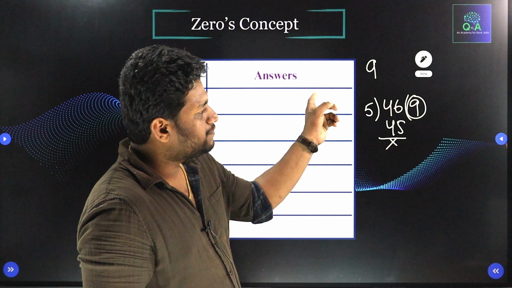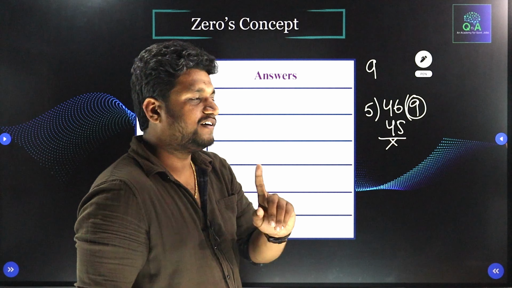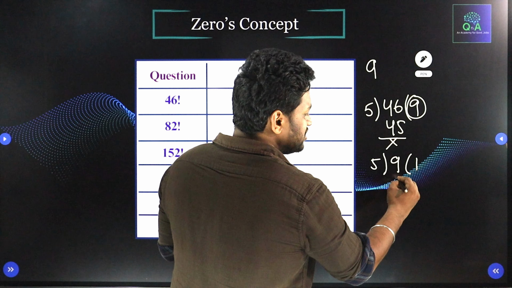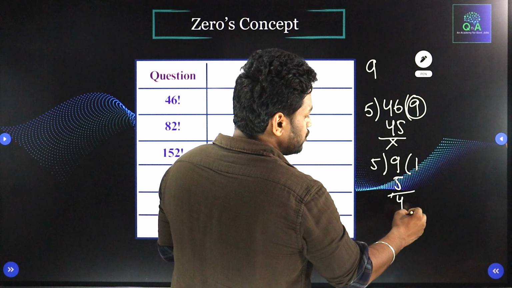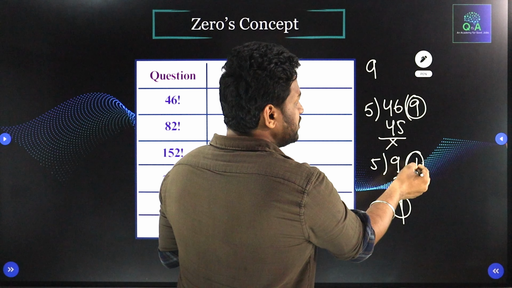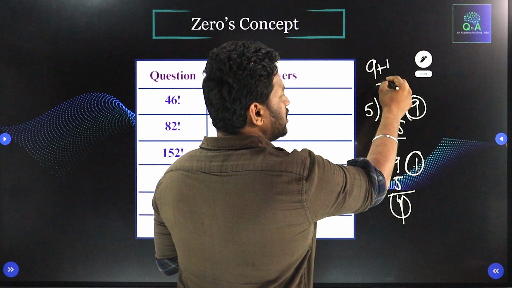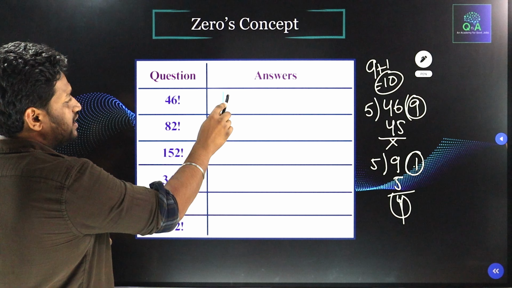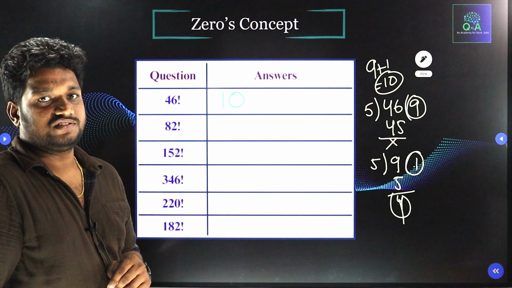But if you observe, in 9 also you have one 5, or not? 9 if you divide with 5, 5 ones how much? 5. So the remainder is 4. So 4 again you cannot divide. So 9 plus 1 altogether how much it is? 10. So in 46 factorial, how many trailing zeros you have? 10 trailing zeros you have.